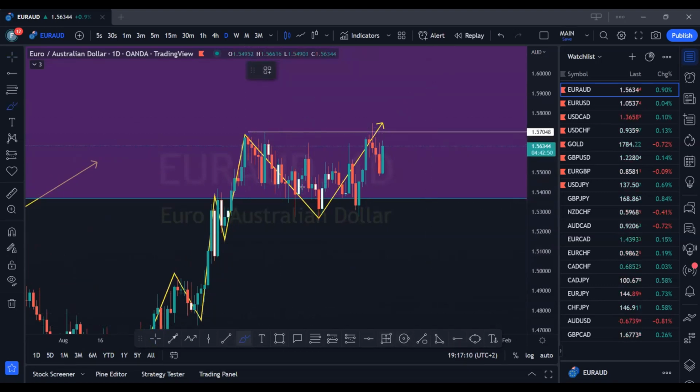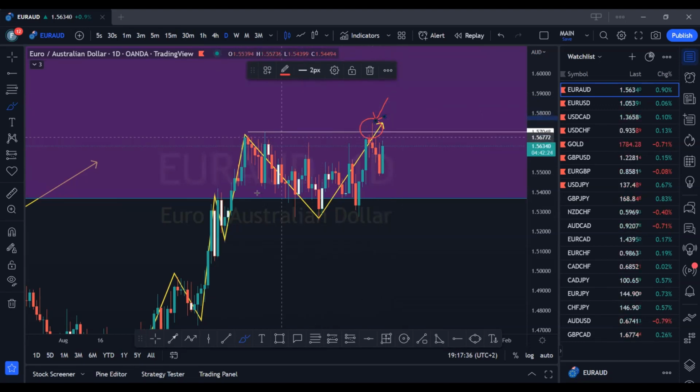This over here is weak. Even though we had a high that is higher than this previous high, because the body of the candle did not close above this zone, I wouldn't consider this a higher high. Best bet, this is possibly a liquidity grab or a stop hunt by the big financial institutions.